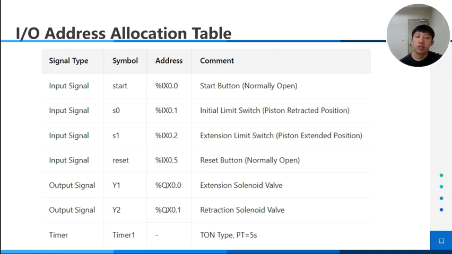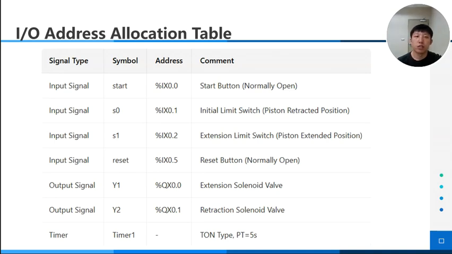This page is the I/O address table. To keep the 3 languages' logic the same and avoid mistakes, I gave fixed addresses to all inputs and outputs. For example, the start button is %IX0.0.